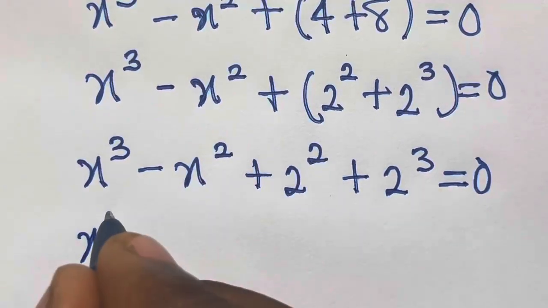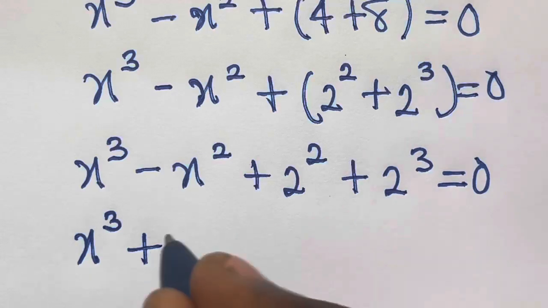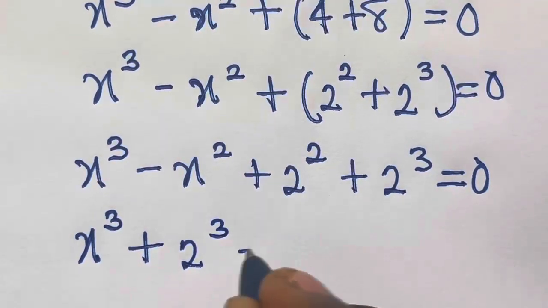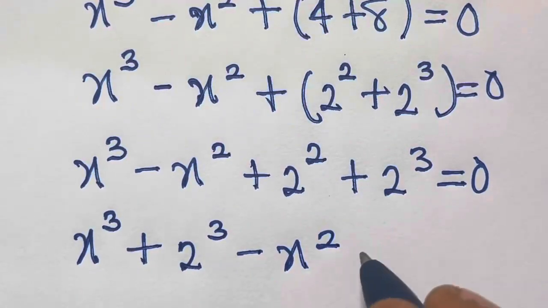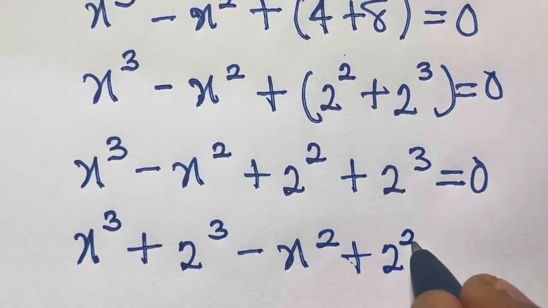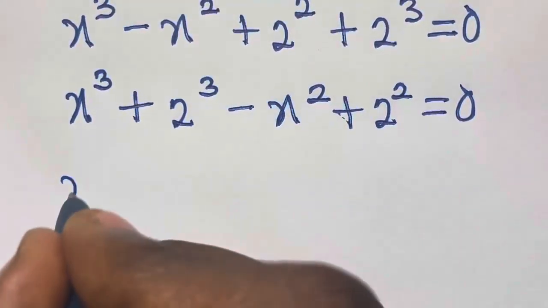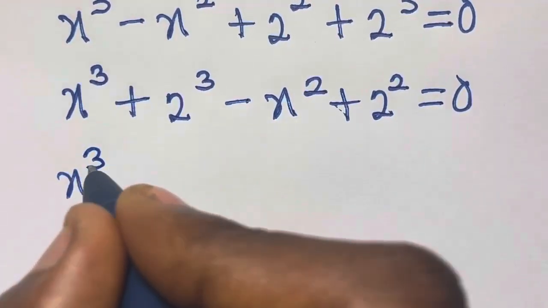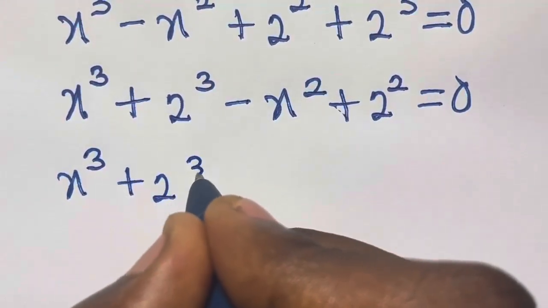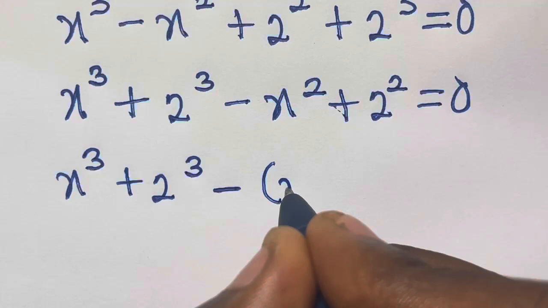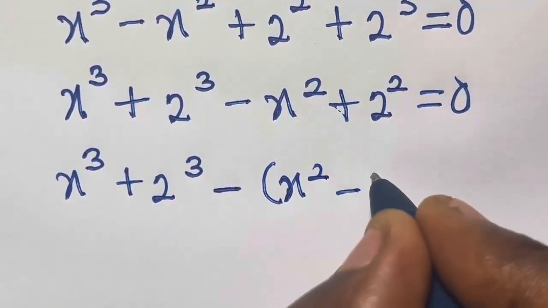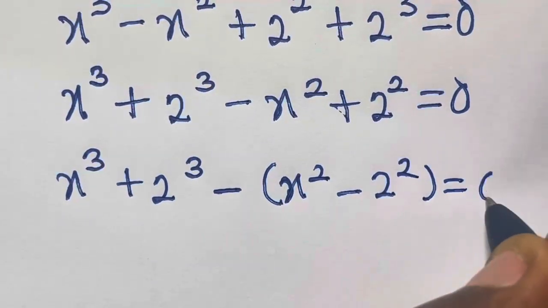So we have x raised to the power 3 plus 2 raised to the power 3 minus x squared plus 2 squared equals 0. So we have x raised to the power 3 plus 2 raised to the power 3 minus, we have x squared minus 2 squared equals 0.